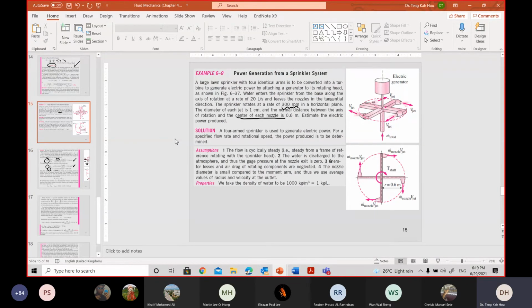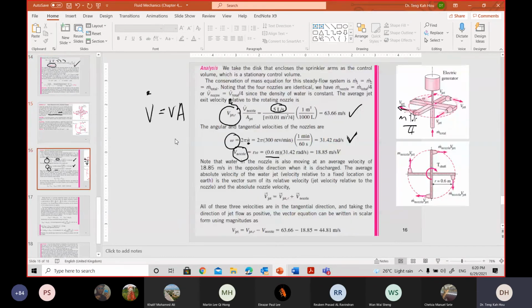The center of each nozzle is 0.6. So you know that this omega times your distance is equal, right? Here, here, and here should be equal. It is 18.85 meter per second.